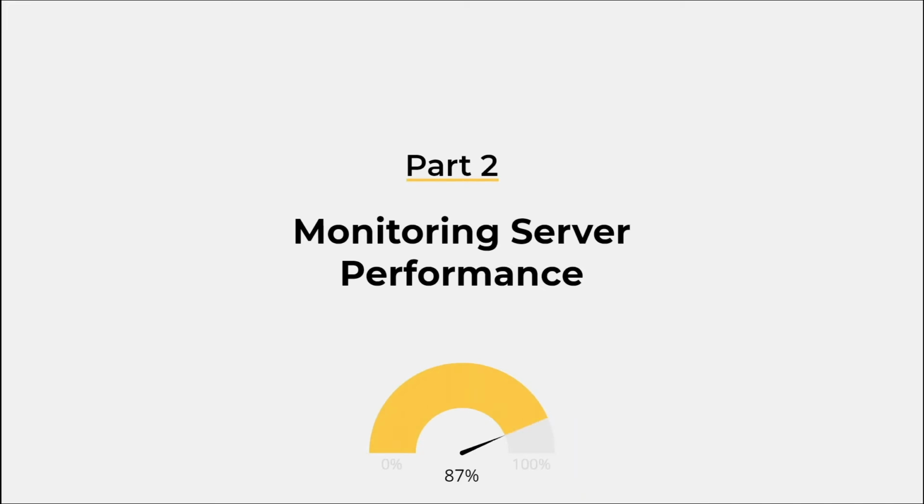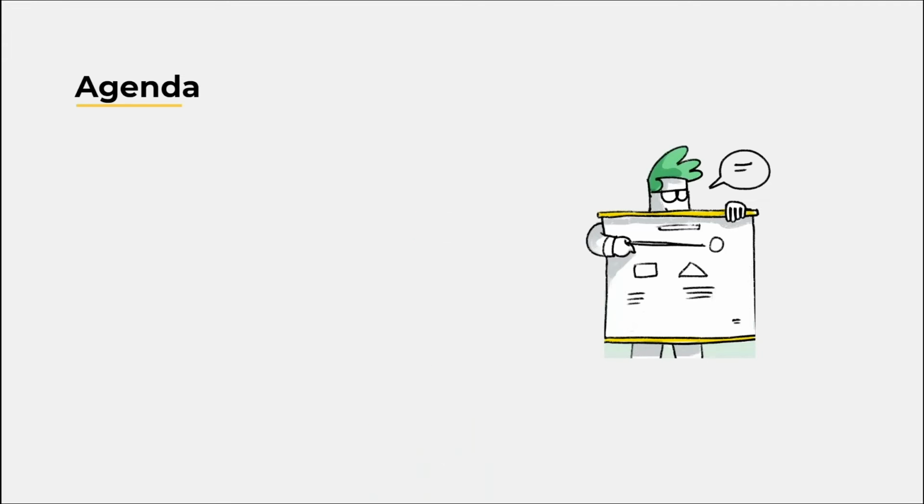So now we'll directly deep dive into monitoring server performance with ManageEngine's OpManager. Let's have a quick look at the agenda of today's webinar. We'll talk about how availability is monitored and how server performance metrics are monitored in OpManager.